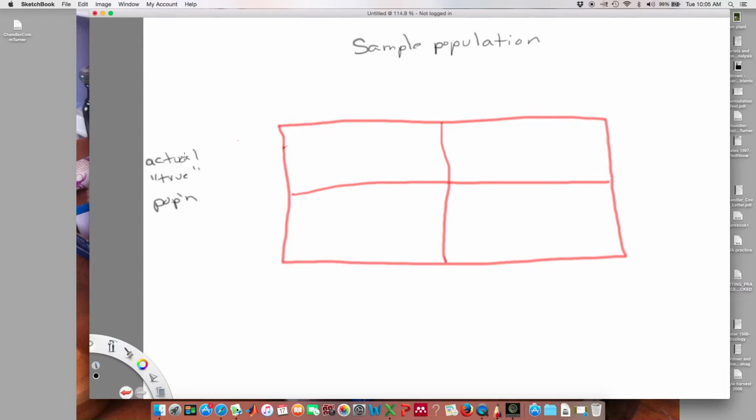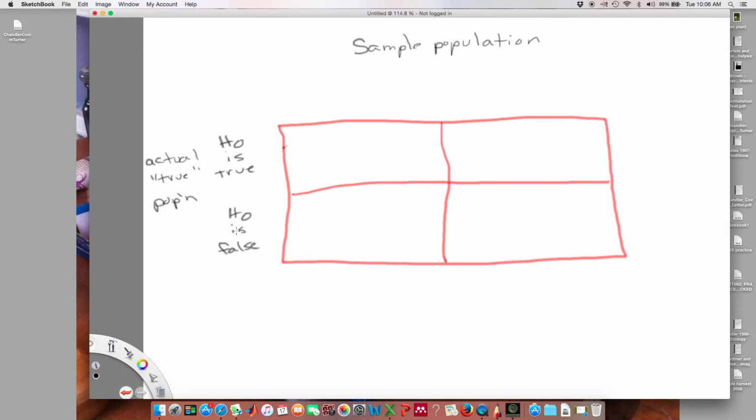Okay? All right, so let's say for this actual true population, the null hypothesis is true. In other words, there really is no difference among groups. Or the null hypothesis is false, and there are differences among groups.